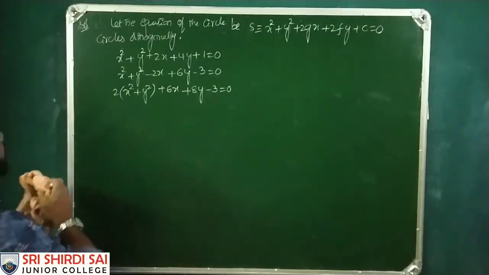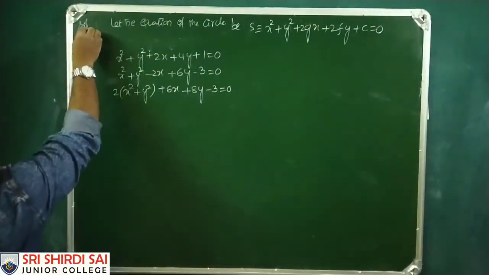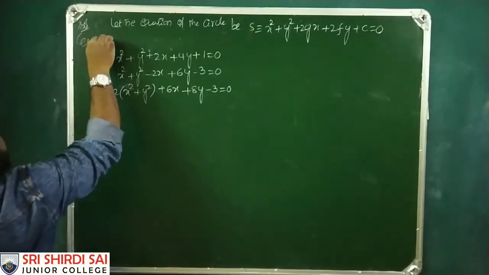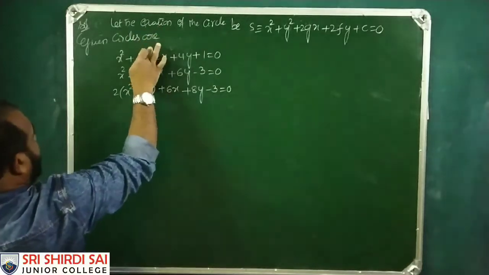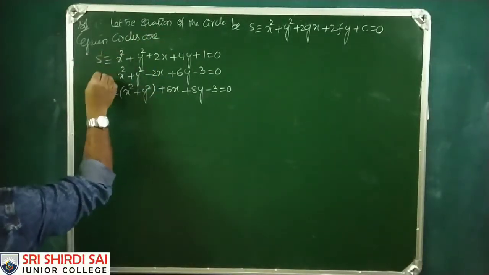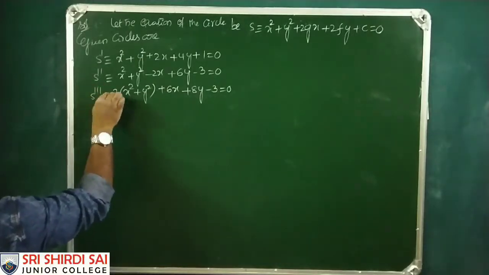Next, given circles are, I'll take S dash, S double dash, S triple dash.